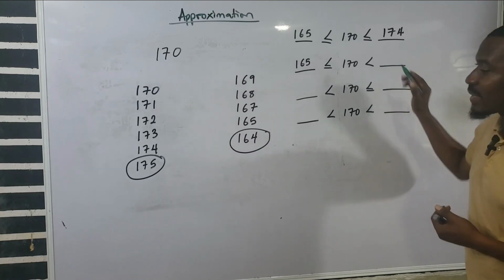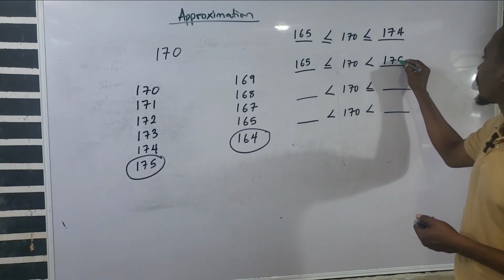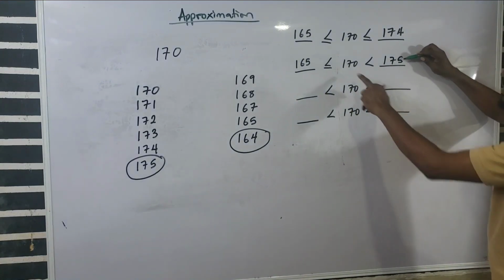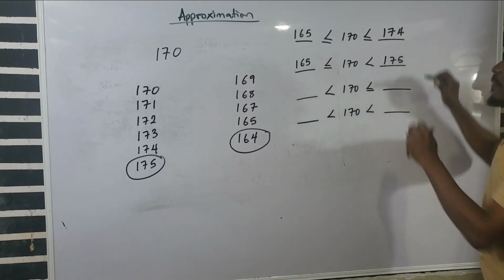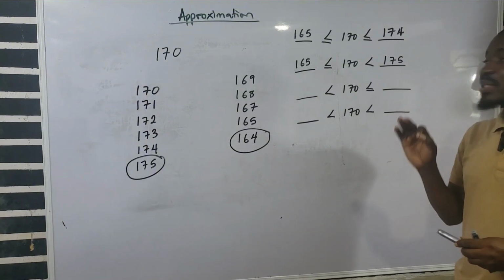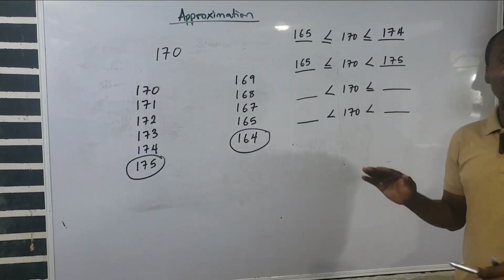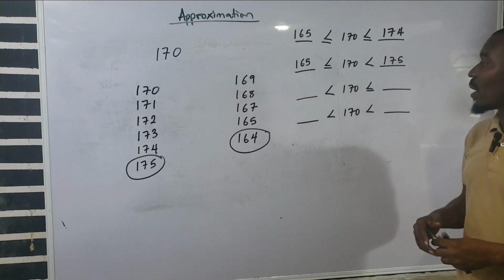It has to be less than 175, because any number that is less than 175 can be approximated to the nearest tens to give you 170. So long as it's less than 175, it's going to give me 170.